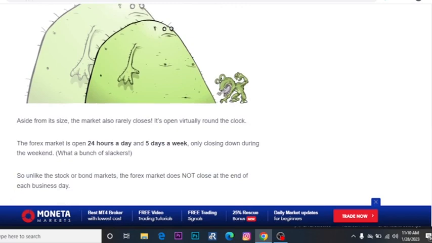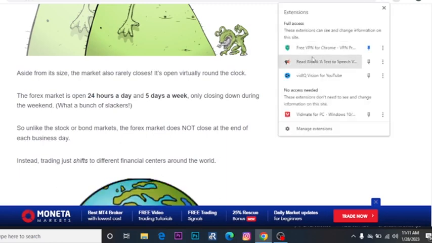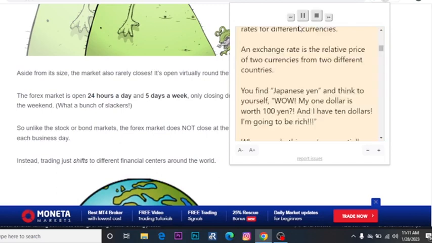Aside from its size, the market also rarely closes. It's open virtually round the clock. The Forex market is open 24 hours a day and 5 days a week, only closing down during the weekend. What a bunch of slackers.